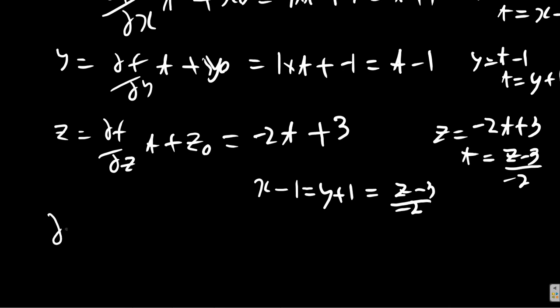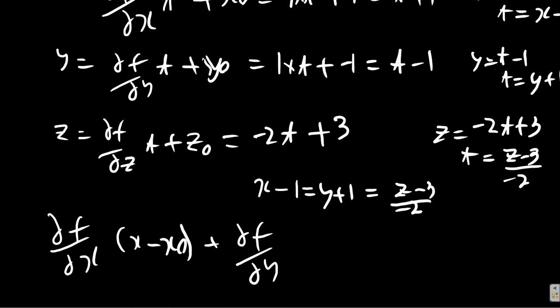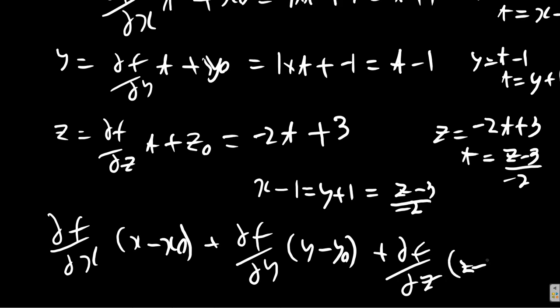Remember, what we have is the derivative of f with respect to x times x minus x0, plus the derivative of f with respect to y times y minus y0, plus the derivative of f with respect to z times z minus z0, equals 0.